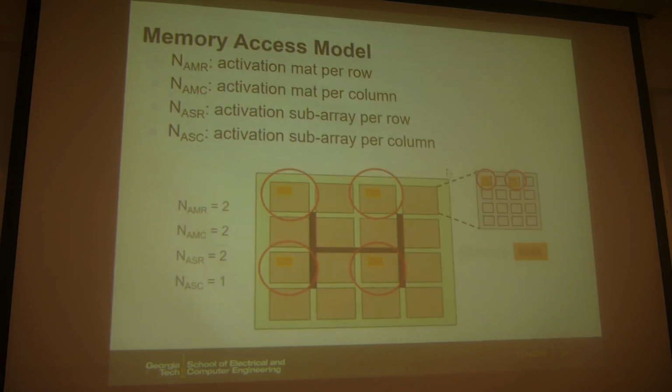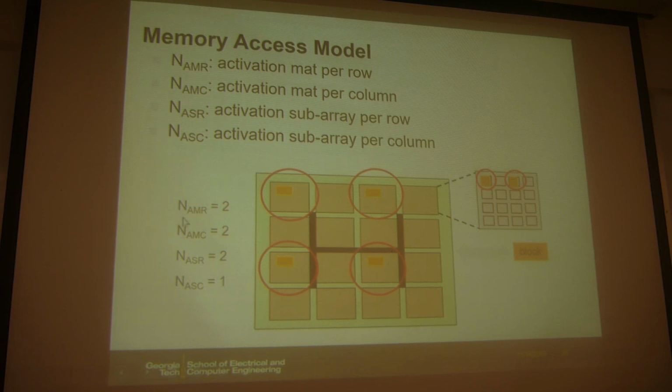In this model, it considers not only how many rows, not only how many subarrays in one mat or how many mats in one bank, but also how many of them are active during the access. So you can access the data from multiple mats simultaneously.